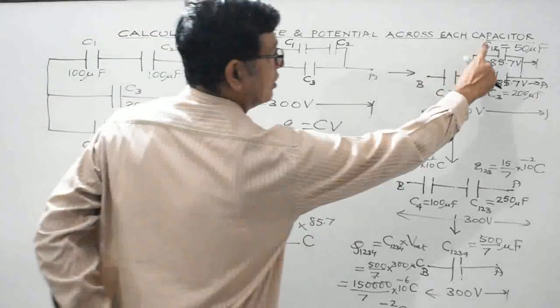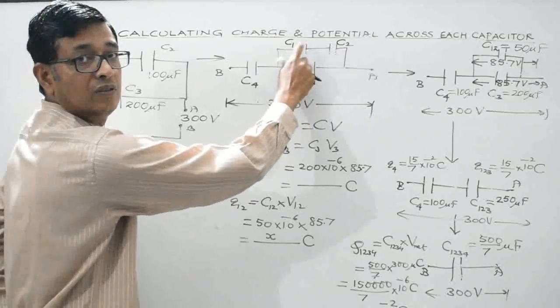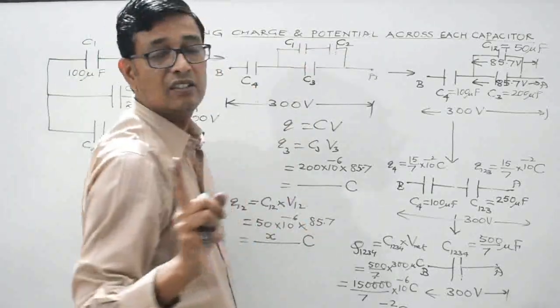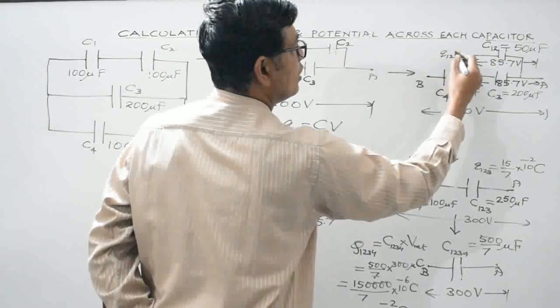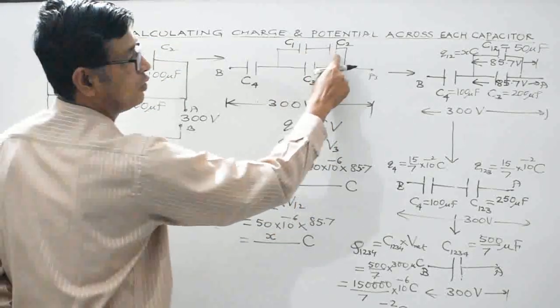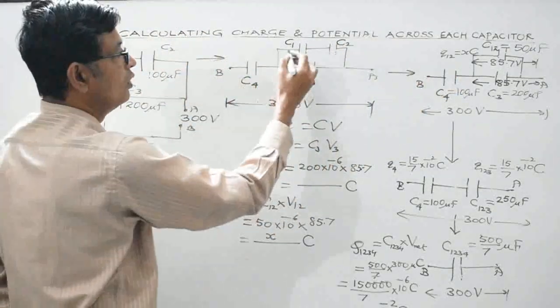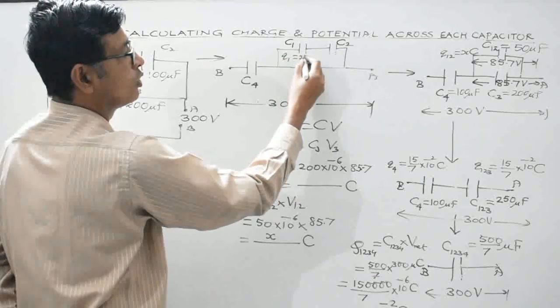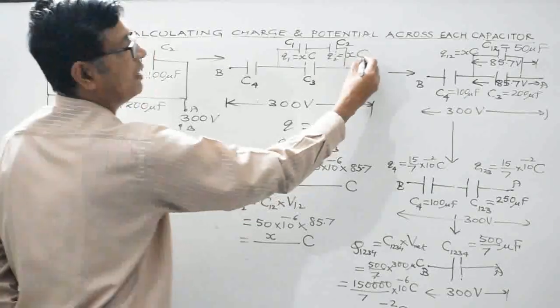Now look, C12 is a series grouping of C1 and C2. And in series, the charge is constant. What we have considered is, if Q12 is X coulomb, then C1 and C2 should also possess the same charge, they being connected in series. So what about Q1? It will also be equal to X coulomb. What about Q2? It will also be equal to X coulomb.